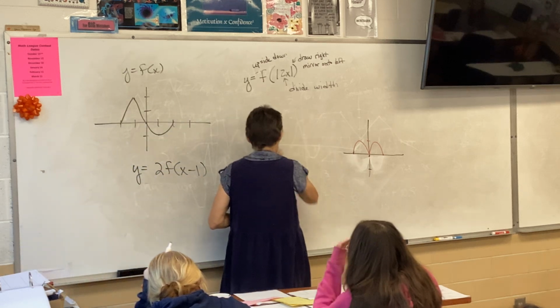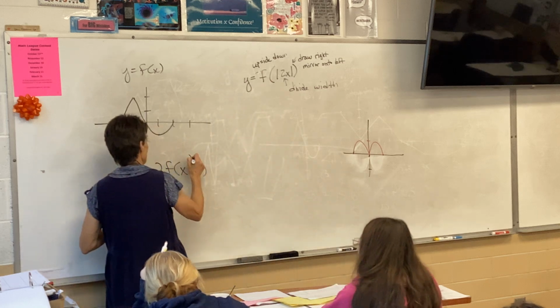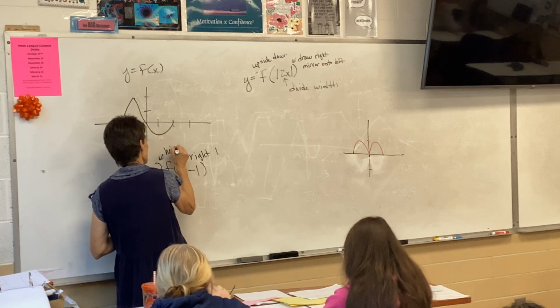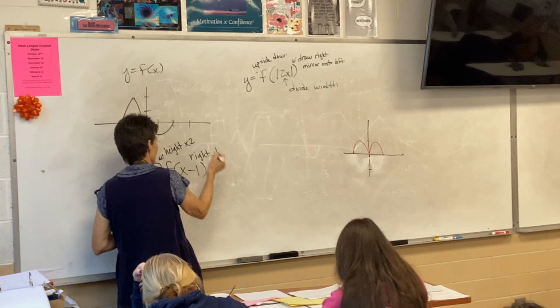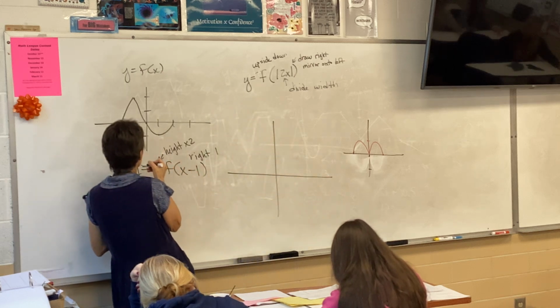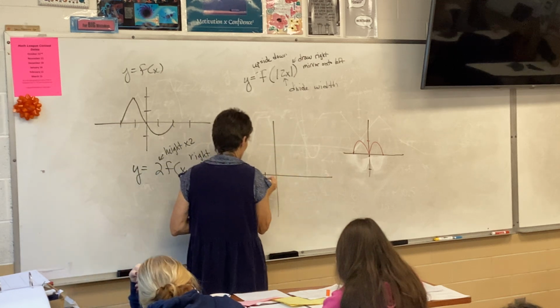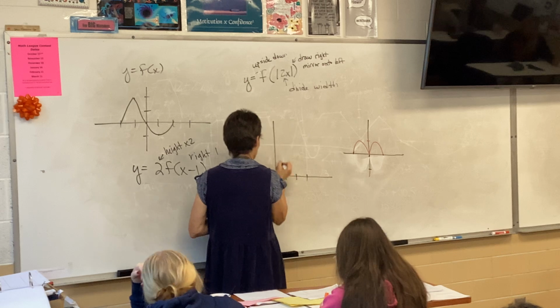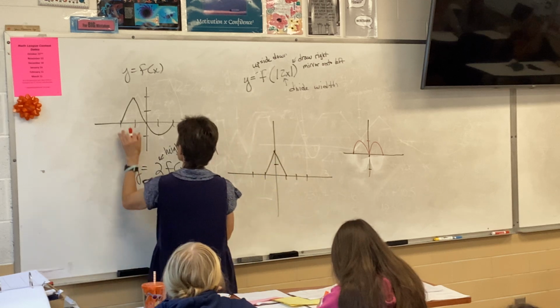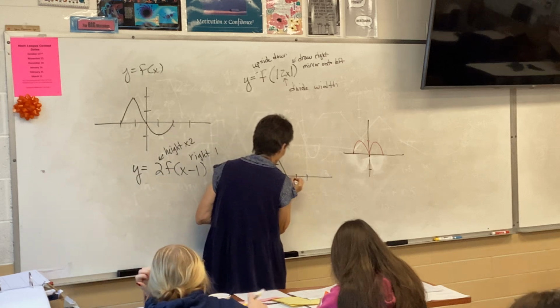It's going to move right one, and then height times 2. So let's move it right 1, if we move everything over 1, then my triangle is gonna be situated like this. And then my circle will look like that.